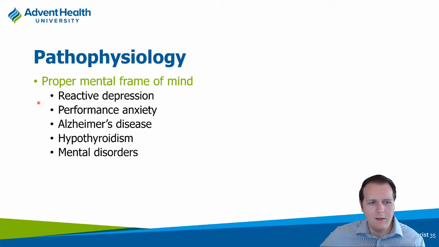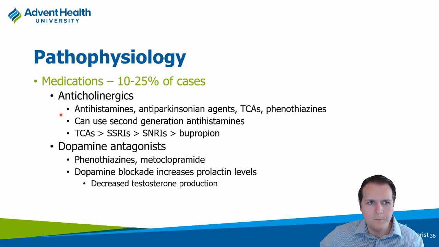It's not that the physiology is not working, it's just that they may have mental blocks preventing this. And of course, that is treated differently than typical organic erectile dysfunction. But things like Alzheimer's disease and hypothyroidism could all be playing a role, and you want to make sure you're screening for these and ruling things out as appropriate when formulating your plan for your patient.